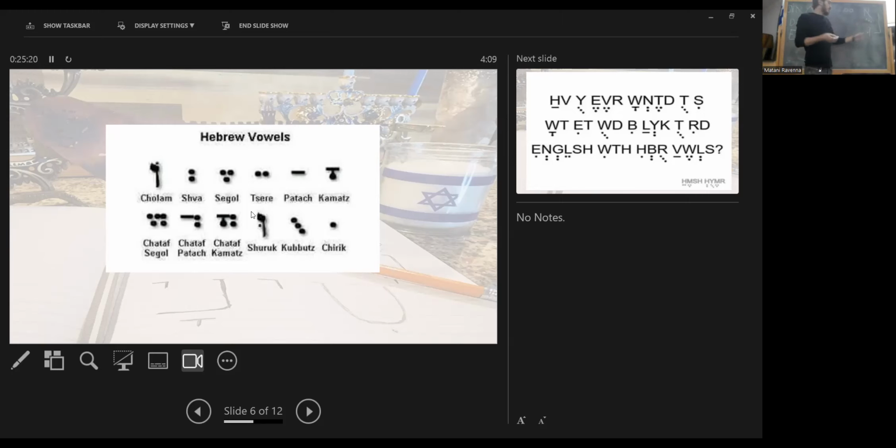Note, you'll probably see the dots for the shuruk or the cholam, even in words that are not vowel. So you'll probably still see them more often than not. We're lazy. Because let's say here you need to have the vowel in order to know its sound.